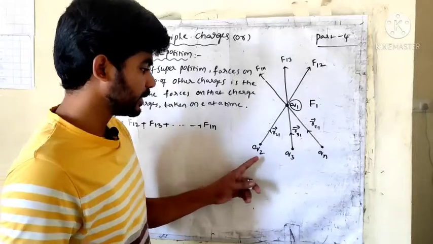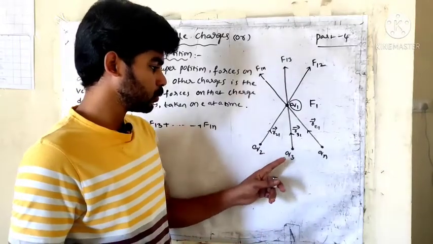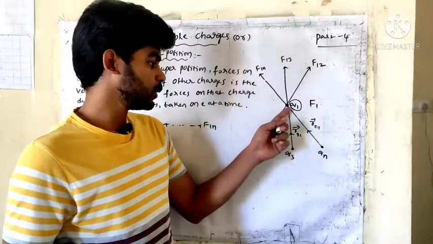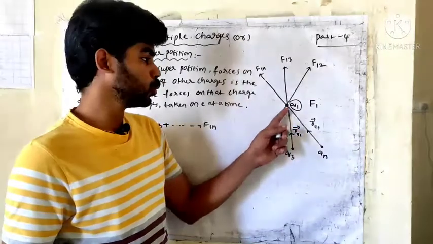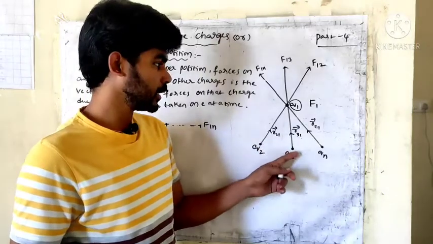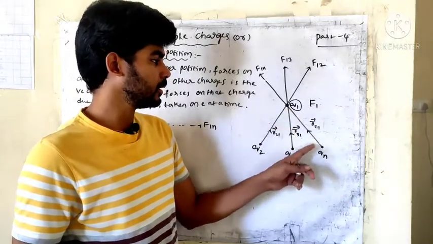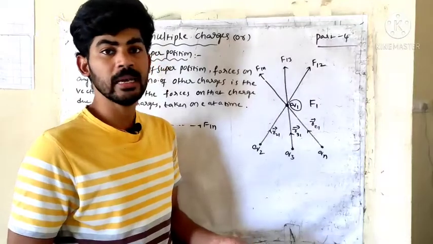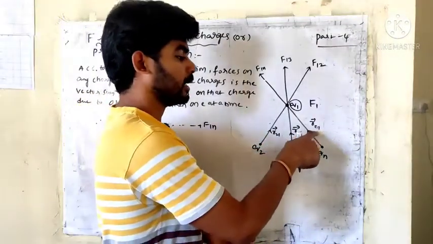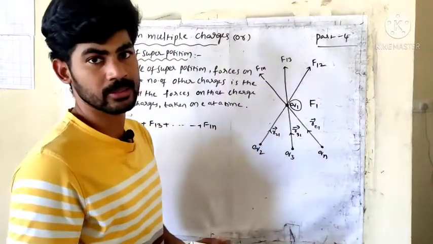Let us consider the point charges q2, q3 up to qn. The position vector from q2 to q1 is r21, from q3 to q1 is r31, and from qn to q1 is rn1.